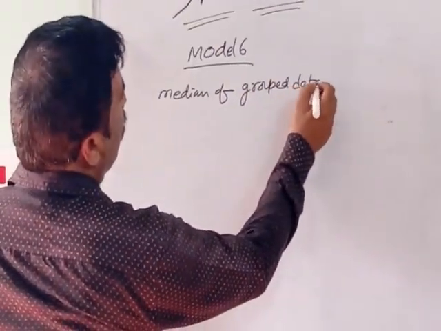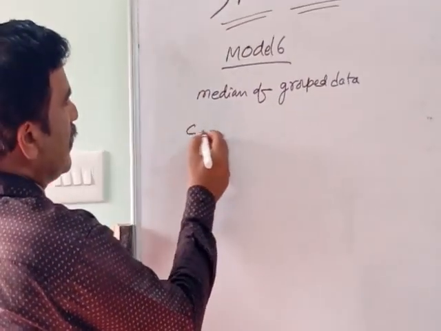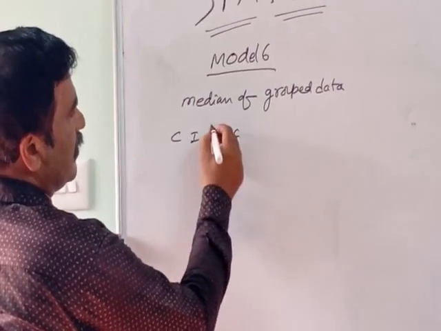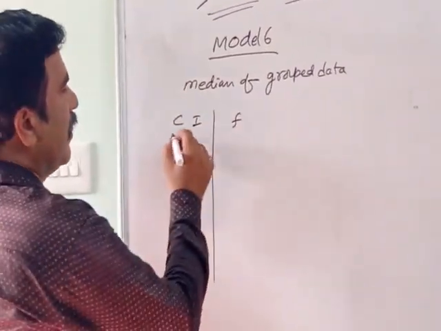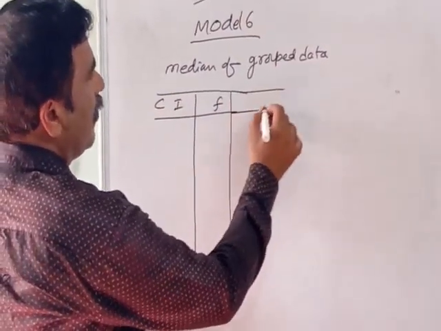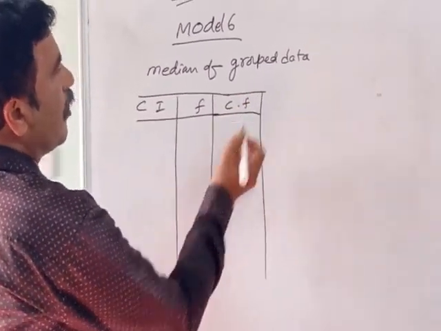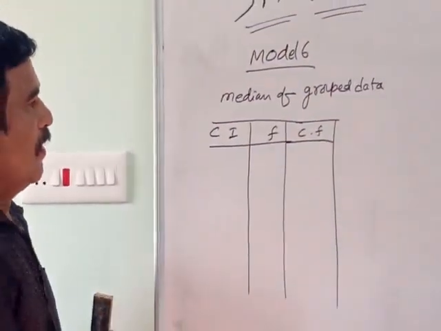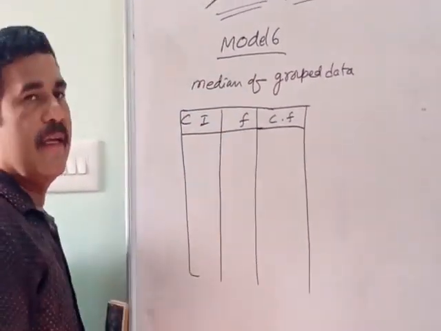Median of grouped data. In this also, he will give class interval and frequency. In all problems, he will give class interval and frequency. Then we need to find an extra column, which is called cumulative frequency. Class interval and frequency are given in the question.